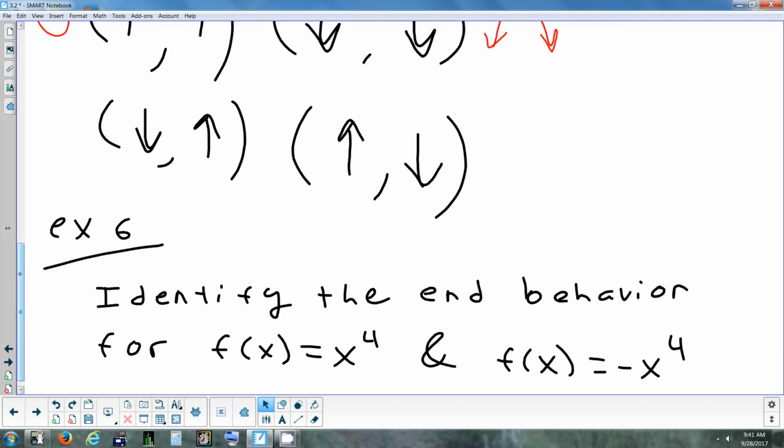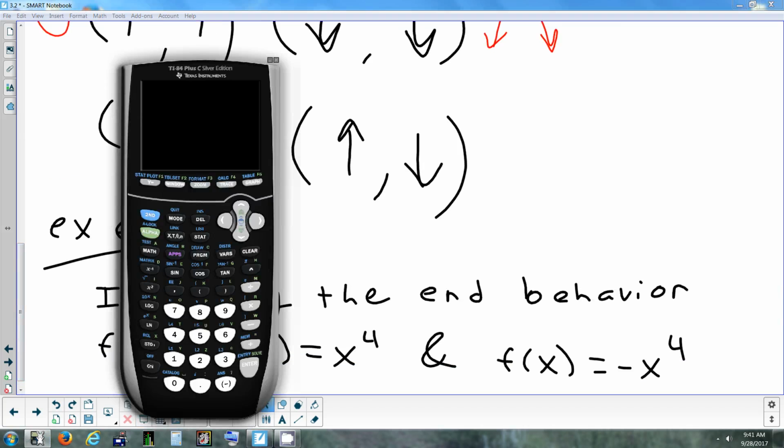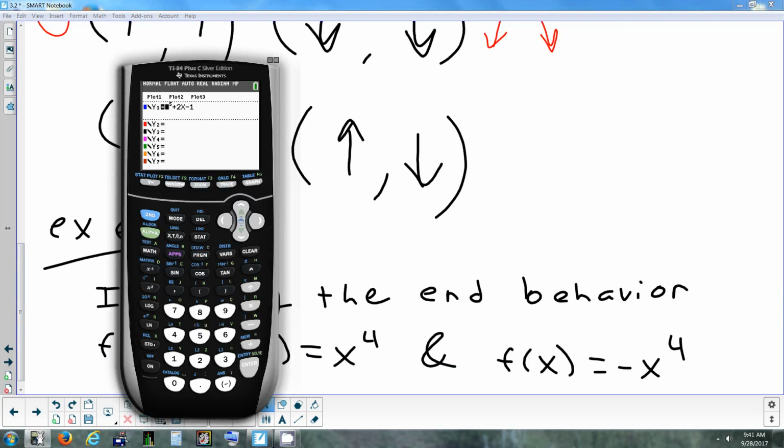So let's graph y equals x to the 4th and describe the end behavior. That window is fine, whatever I'm using, because we can see what's happening. What's the end behavior?